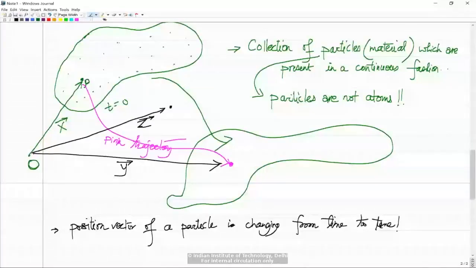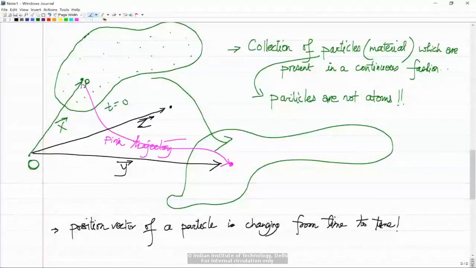Because the body is flowing, so at this position vector you will have different particles passing through. So that brings some ambiguity, that just by position vector we can't specify a particle uniquely, right?